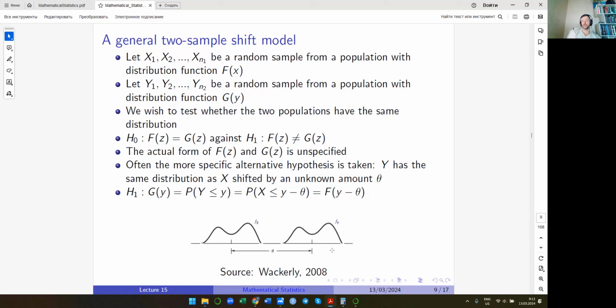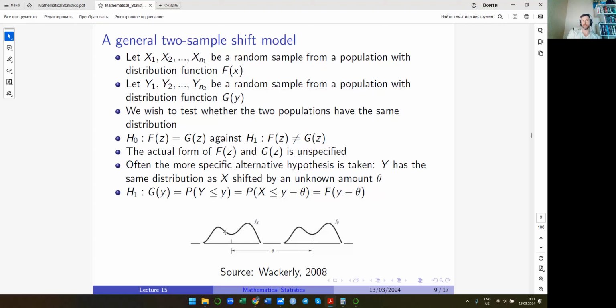So here is an illustration of this shift model. This is the distribution function of x. This is the distribution function of y. You see that the shape of the distribution function is just some generic thing. We don't care whether it's bell-shaped or something else. But there is a distance between them, so they don't match exactly.